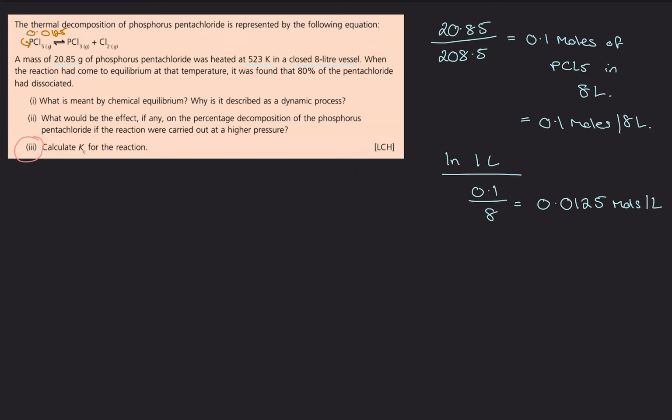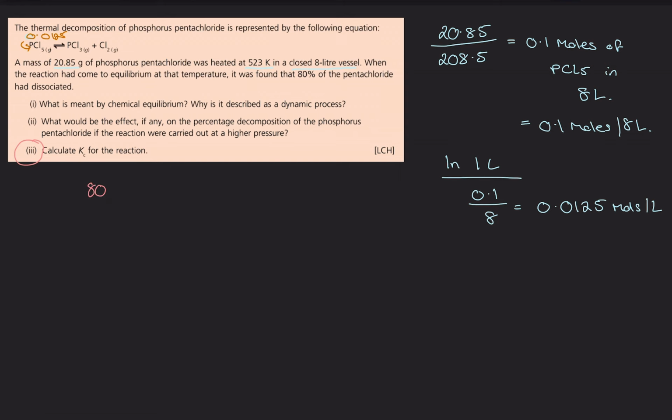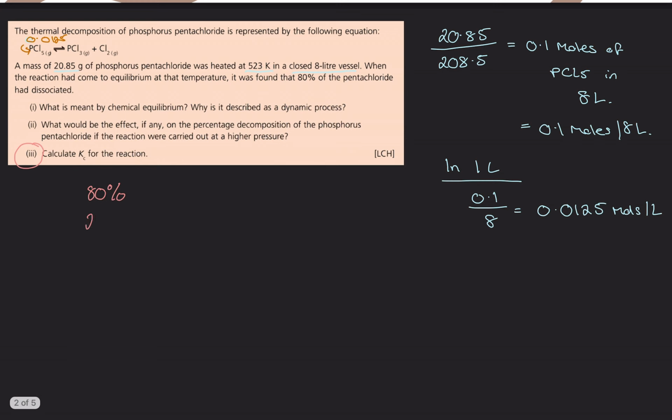Now we're told that it's dissociated a certain amount, so we have to work out how much. If it is dissociated by 80%, that means at equilibrium 20% of the phosphorus pentachloride remains.